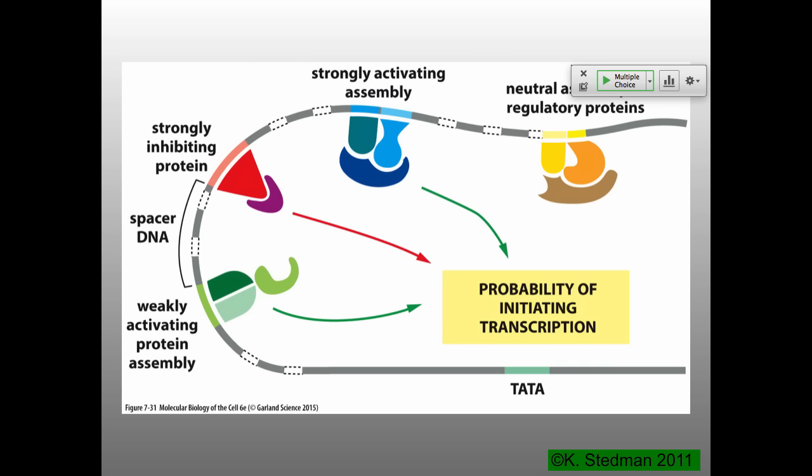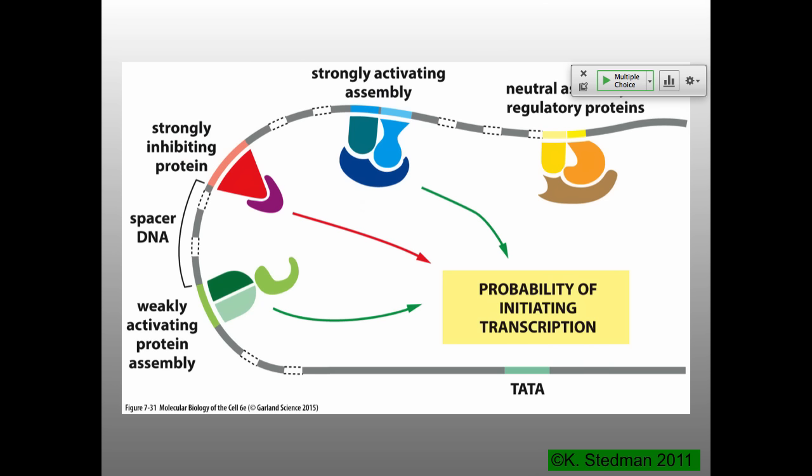And because of this whole complication business, it makes it ridiculously hard to predict what kinds of outcomes you're going to have given a particular stretch of DNA and a particular promoter.